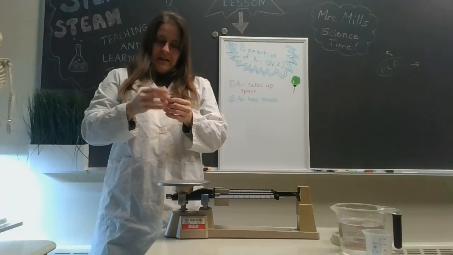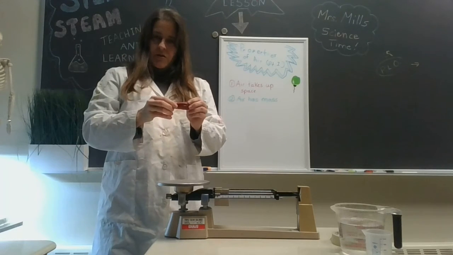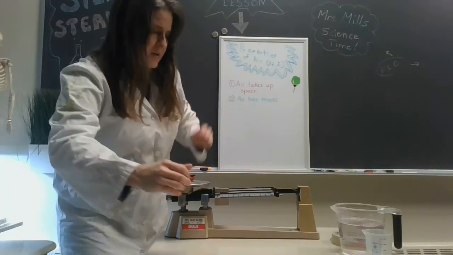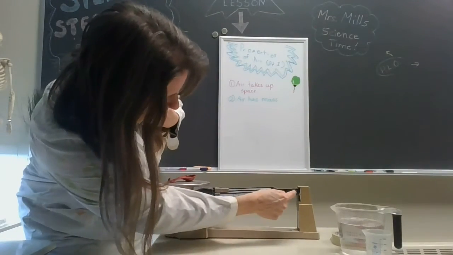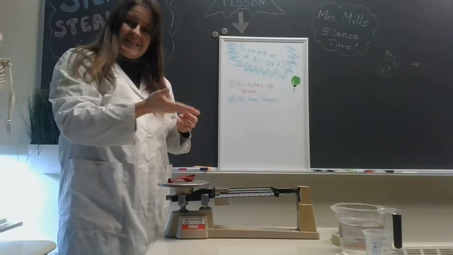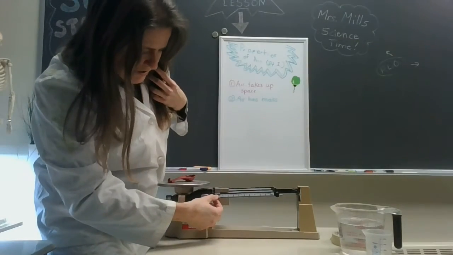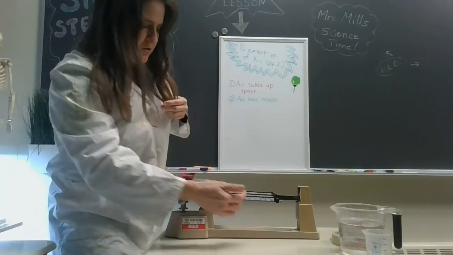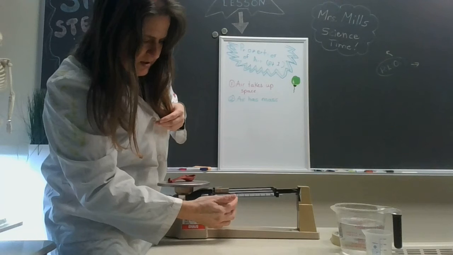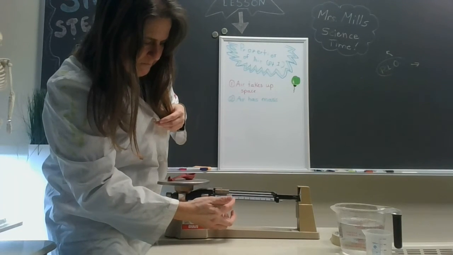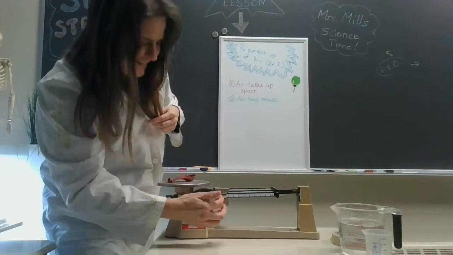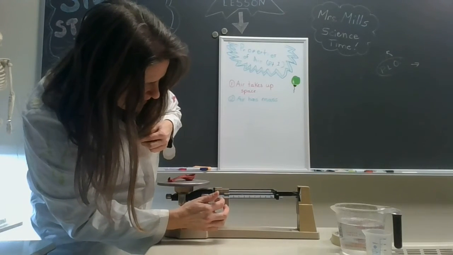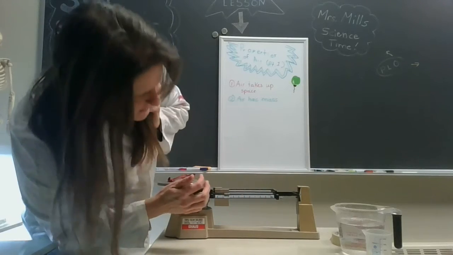Okay, so I'm going to take this balloon and I'm going to weigh it just as it is, empty. Okay, so when I look at it here now, the balance has moved, so I'll use the smallest weight and move it until it lines up, and that means it has found the weight.